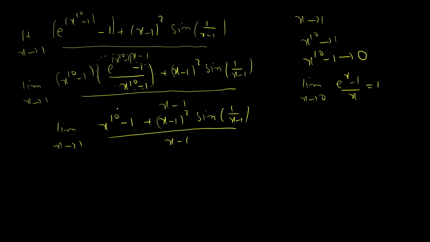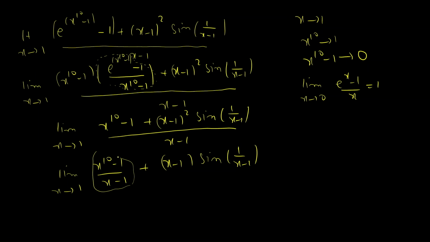Now let us split the denominators. Limit x tends to 1, x power 10 minus 1 by x minus 1, plus x minus 1 whole square by x minus 1, will yield an x minus 1 in the numerator into sine of 1 by x minus 1. Now to evaluate this limit, you can either apply L'Hopital rule or factorize x power 10 minus 1 by x minus 1.